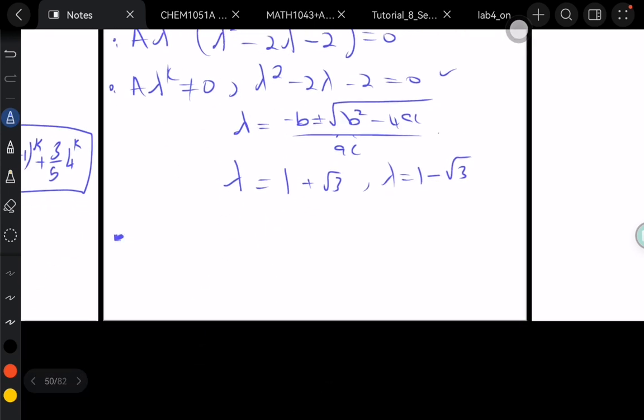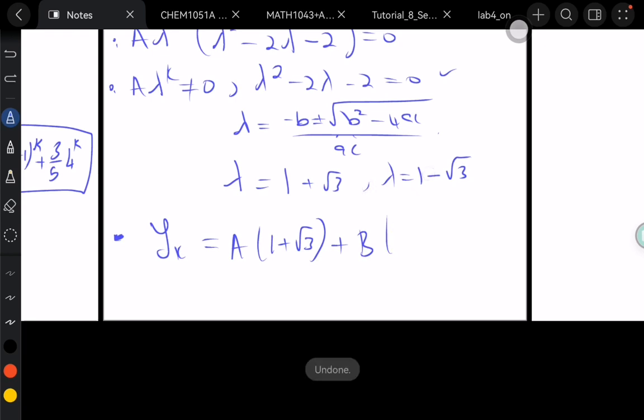So we will substitute our function as a times (1 plus the root of 3) plus b times (1 minus the root of 3), each to the power k.